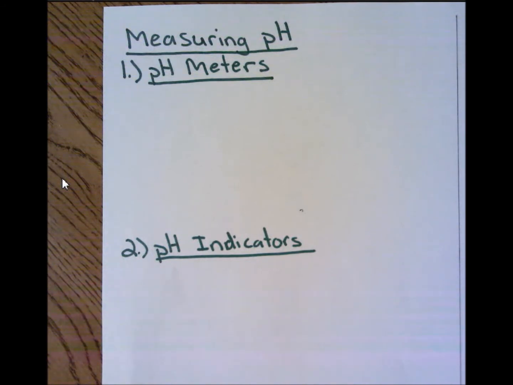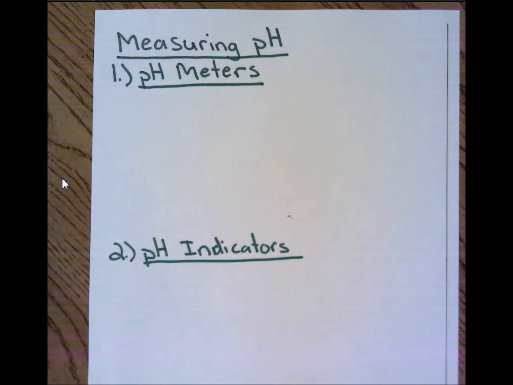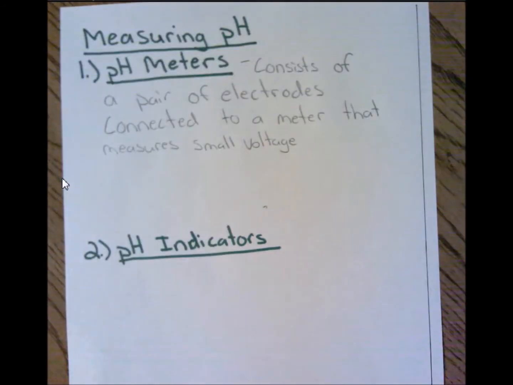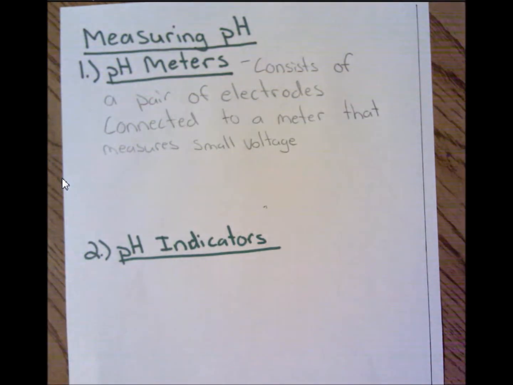All right, so there is that definition of what a pH meter is. And they're really nice because they give you an exact value of whatever the pH is of a particular solution. However, they must be calibrated often.